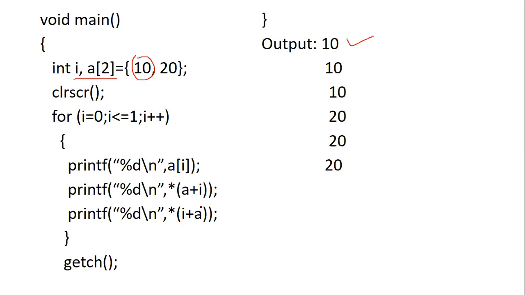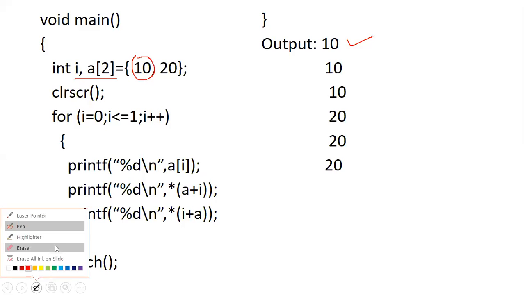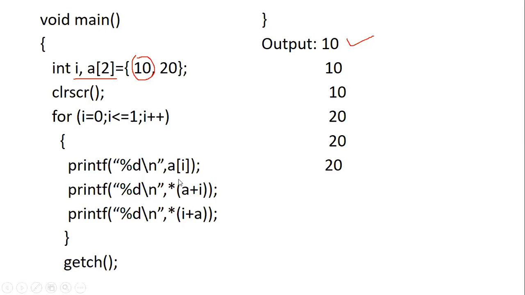Next time, we have the pointer, star of a plus I. Now a is the name of an array.